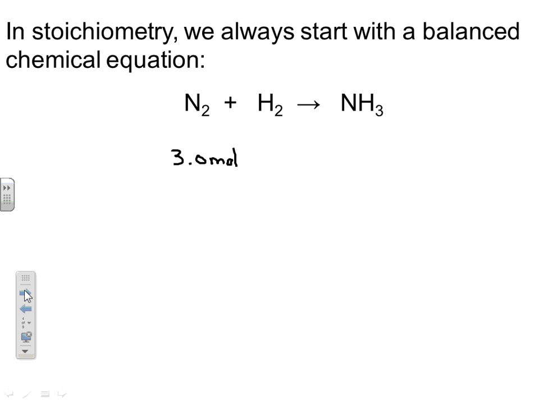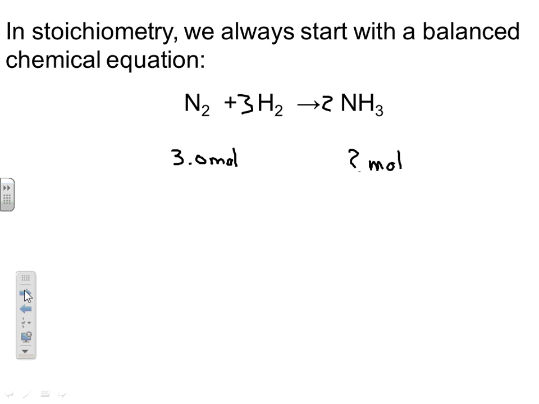I have 3 moles of N2. The question might be, how many moles of NH3 can be made? Now, these are the types of questions that we deal with. Again, I got to balance this back up because I copied and pasted the unbalanced one. So I believe I need a 2 and a 3, correct? Okay. So make sure you have that in there.